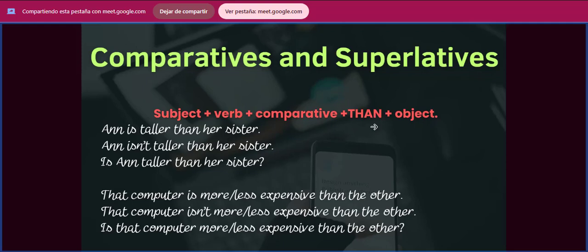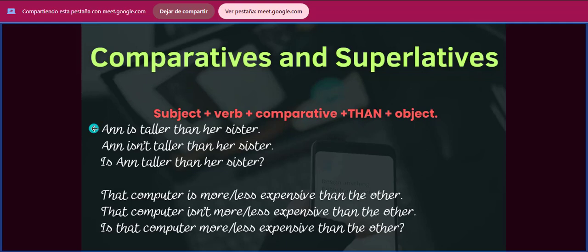But you have to be careful not to confuse this than with that. Remember, that will be "que," but in affirmative sentences. Then we will have what, that will be "que," but in questions, and then than will be "que," but in comparative sentences.